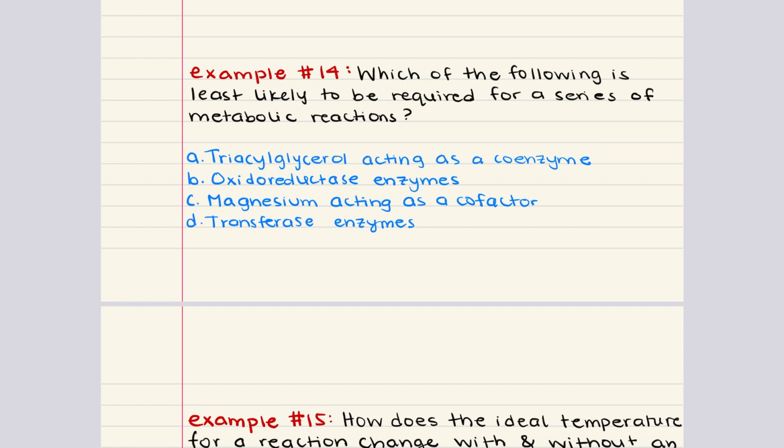Problem 14 says, which of the following is least likely to be required for a series of metabolic reactions? A says triacylglycerol acting as a coenzyme. That's the one that should catch our attention right away. Triacylglycerols are fats that are used for long-term energy storage, not for directly participating in metabolic reactions as coenzymes.